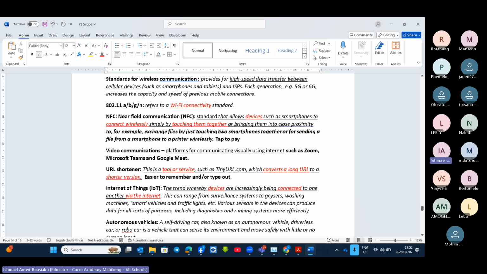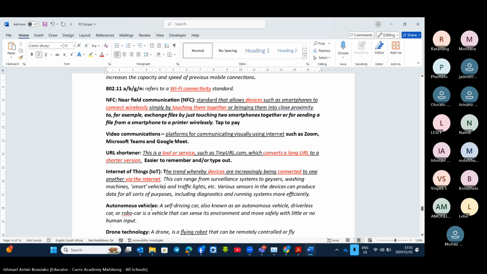And that's IoT. So many devices these days are connected to each other through internet. For instance, we have devices like the smart TVs. We also have devices like washing machines being connected to internet. And that is what we call the IoT.